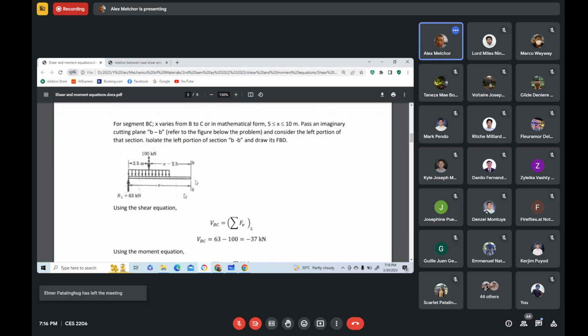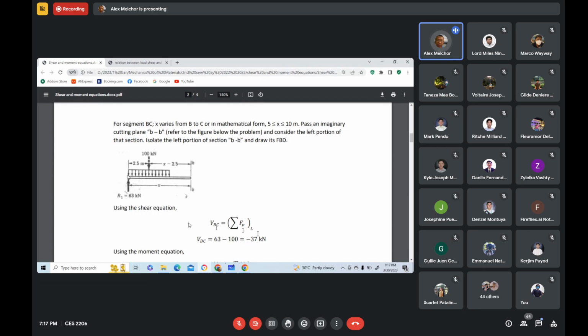And for segment BC, the shear equation for segment BC is equal to summation of forces vertical, considering the left portion of the section. To the left portion of this section, we have two forces that are acting.